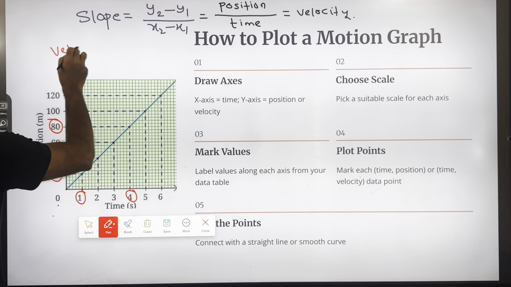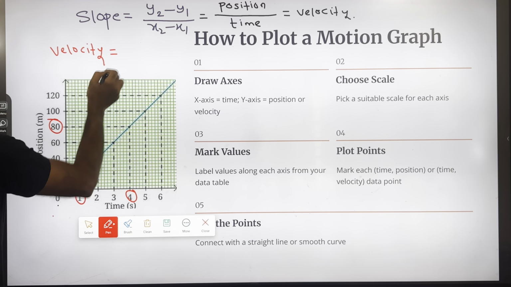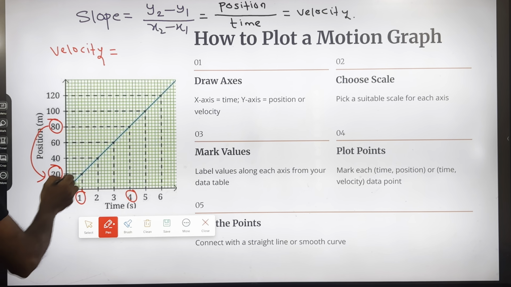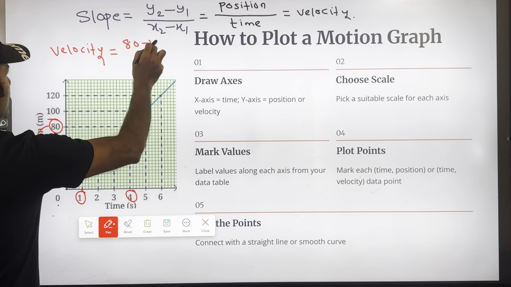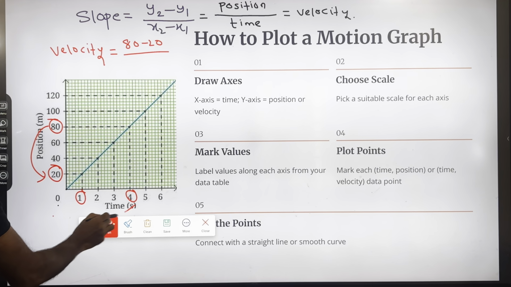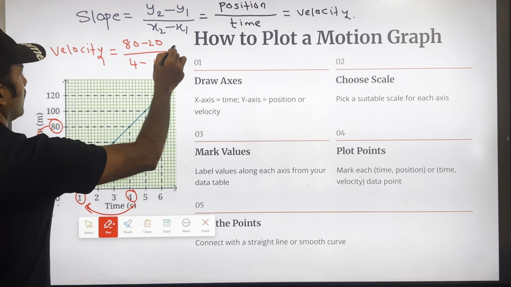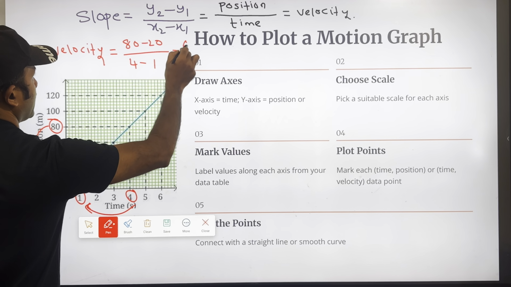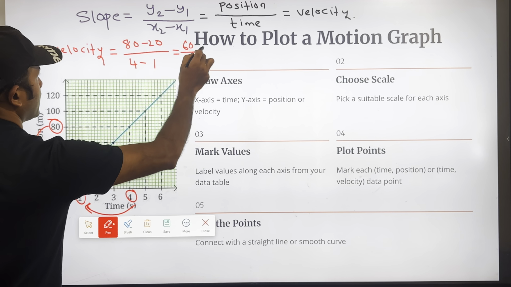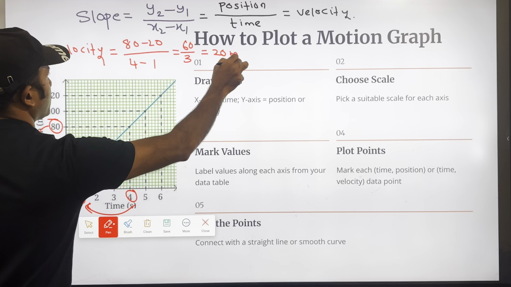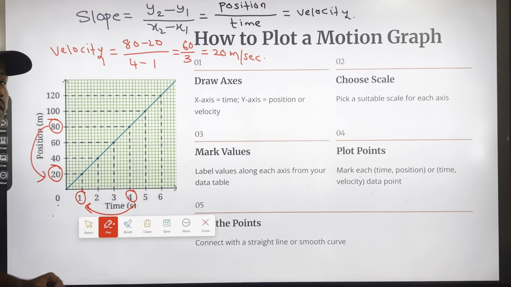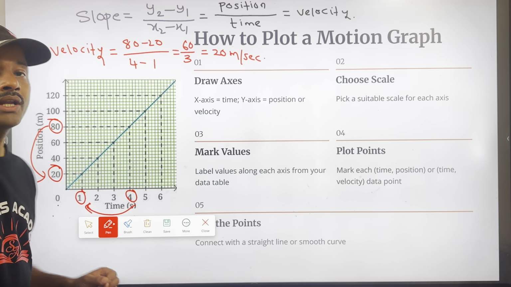So velocity equals change in position, 80 minus 20, divided by the time gap, 4 minus 1. That is 60 by 3, which is 20 meters per second. So the object is moving with 20 meters per second.